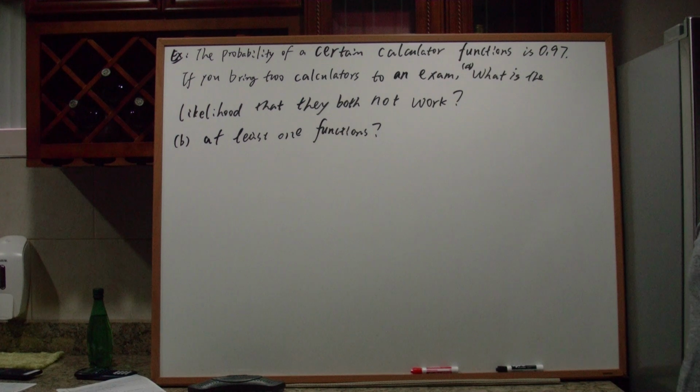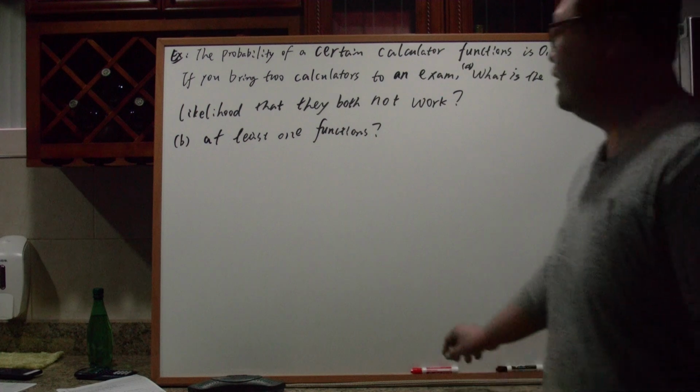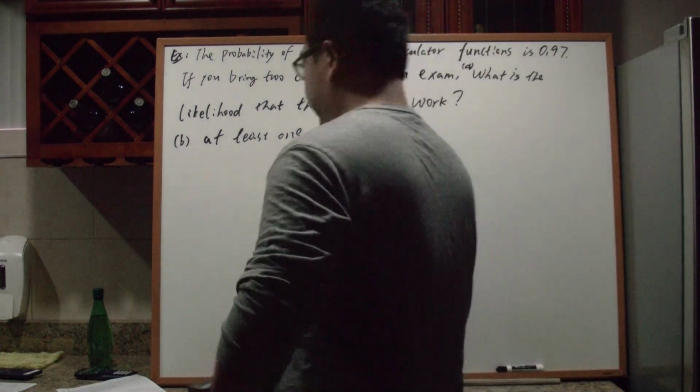And also, what is the likelihood that at least one functions? If at least one functions, then you will at least have the calculator with you for the exam, which can solve some of the problems. So let's see.